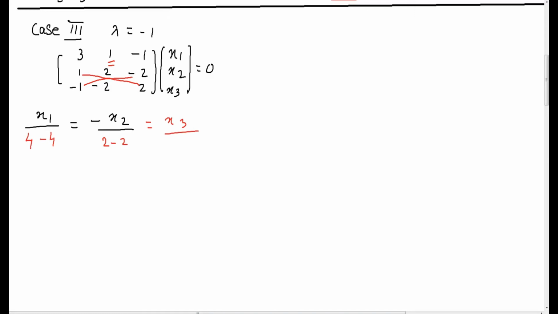The minor of a13 is 1, 2, minus 1, minus 2, and cross multiplying we get minus 2 plus 2. That gives x1 by 0, x2 by 0, x3 by 0.